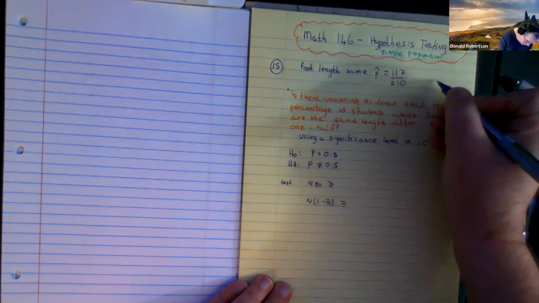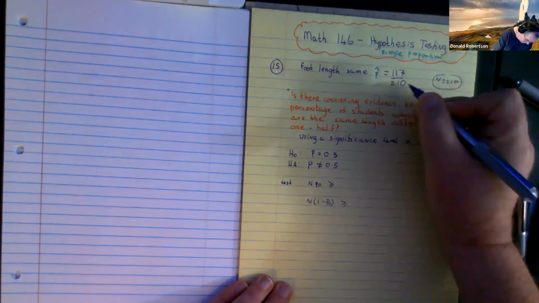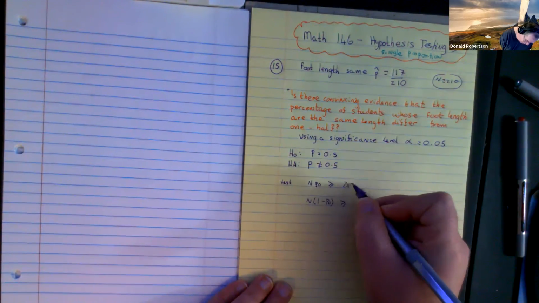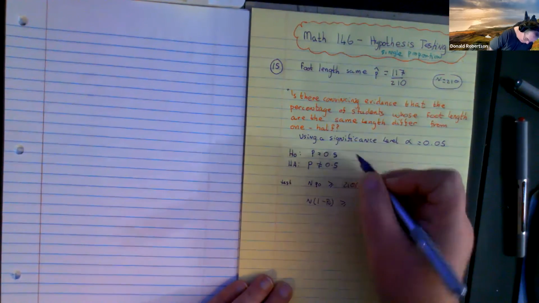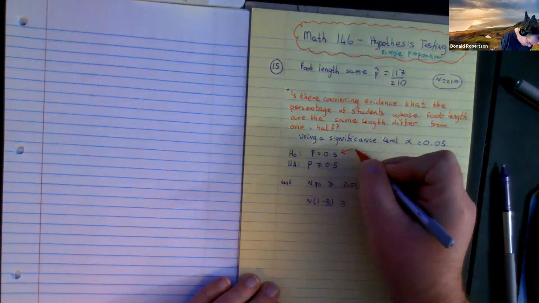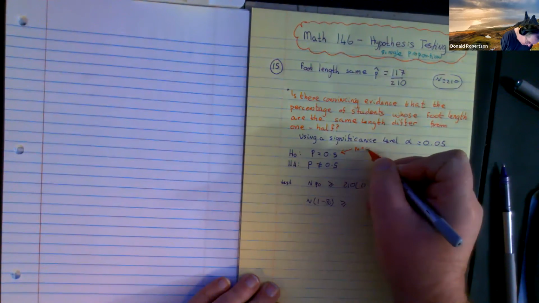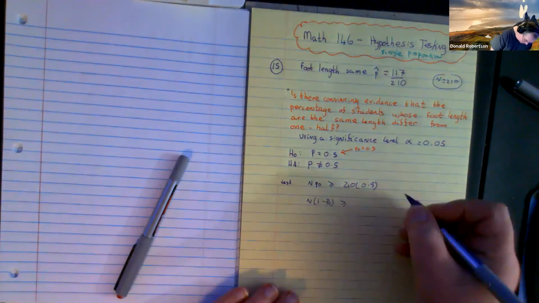And there was 210, I can get that from here. So 210 times 0.5, that one there is P0. And that ends up being 105.